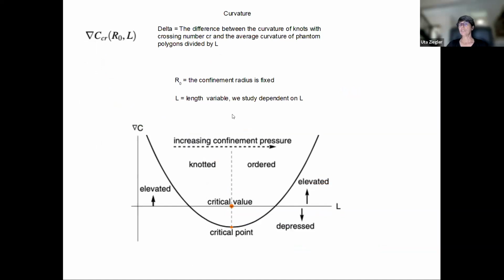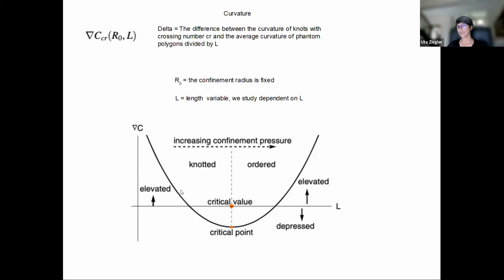The model we developed for this is that, in the beginning, everything is fine. We want to generate a knot, we tie a knot, and we have to have more curvature than the phantom, because the phantom is mostly unknots or trefoils in the example I just looked at. Then as the length increases, the curvature of the phantom increases because it's topologically more complex.